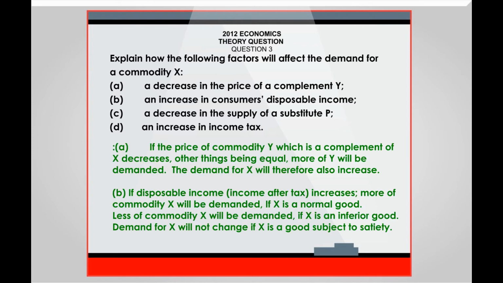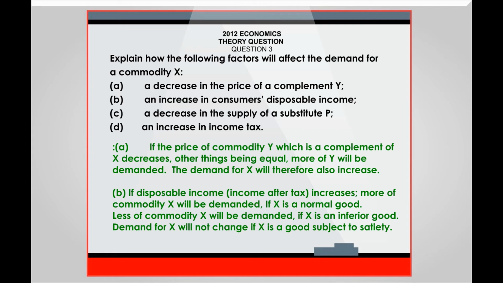Answers. A. If the price of commodity Y, which is a complement of X, decreases, other things being equal, more of Y will be demanded. The demand for X will therefore also increase. B. If disposable income after tax increases, more of commodity X will be demanded if X is a normal good.